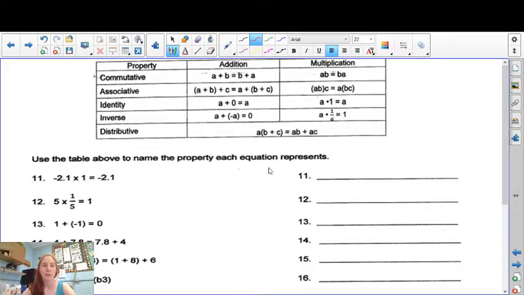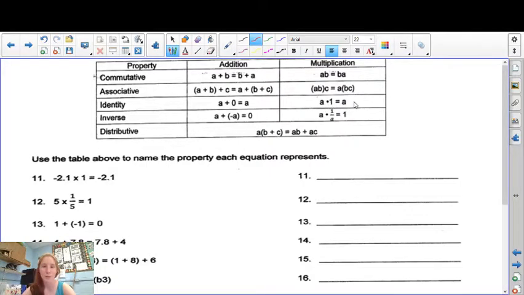We're going to use our different rules above in order to answer this. And I'm going to try and type them because my handwriting's not the best, especially on this. Okay, -2.1 times 1 is equal to -2.1. Commutative, where I move it around. Well, am I doing addition? Nope, I want the multiplication. Commutative, where I move it around. Associative, which means I'm multiplying in different orders.